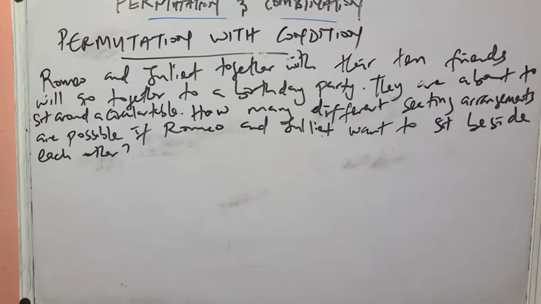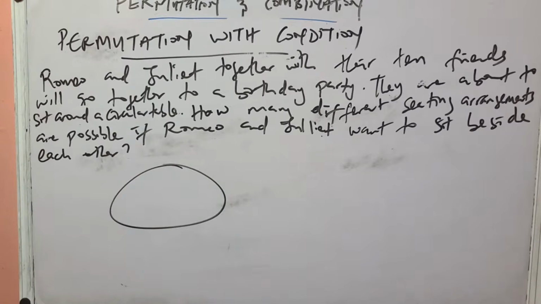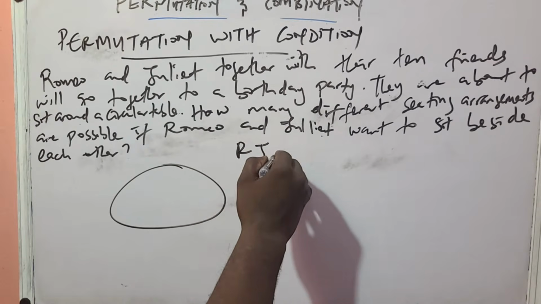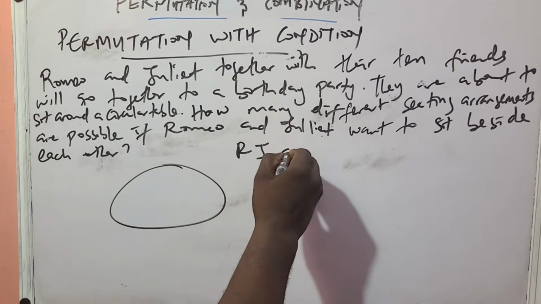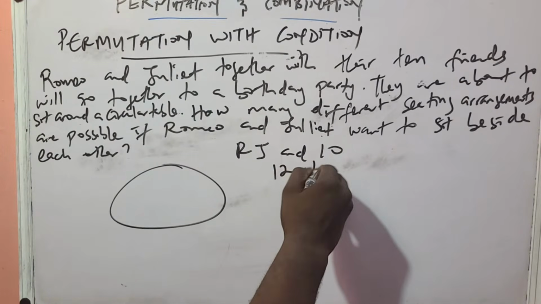Now, because of time, let me do this for you. Now this time they are around a circular table. You already understand this is a cyclic permutation scenario. You have Romeo and Juliet, and then you have 10 friends. This means we have a total of 12 objects.